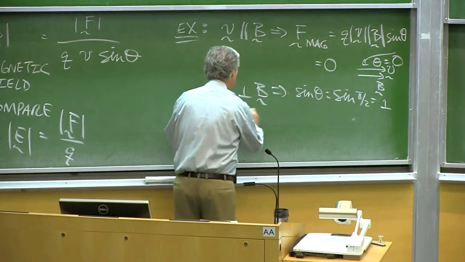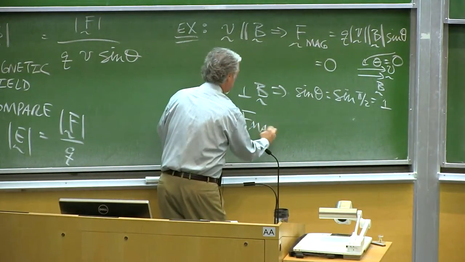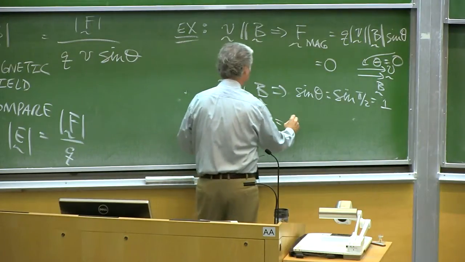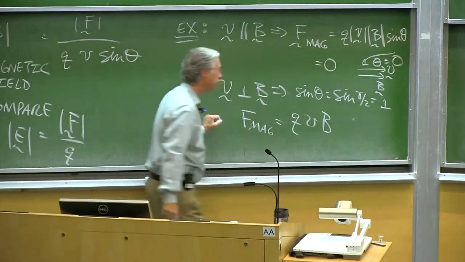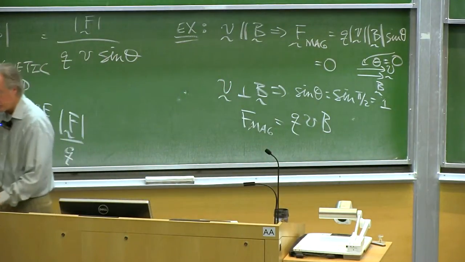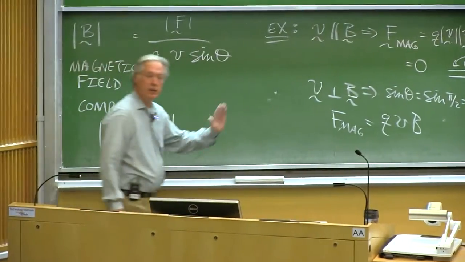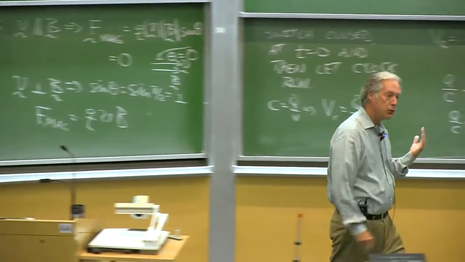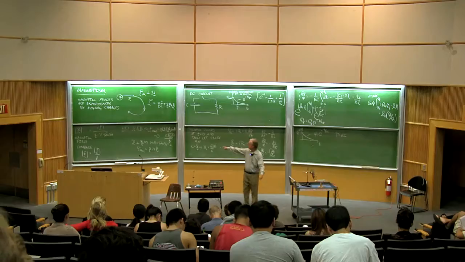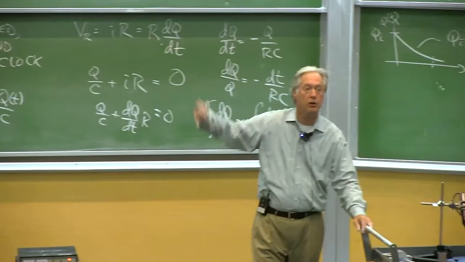And F magnetic equals Q V B in terms of magnitude. If the angle is somewhere in between 0 and 90, then the force is in between this QVB and 0.